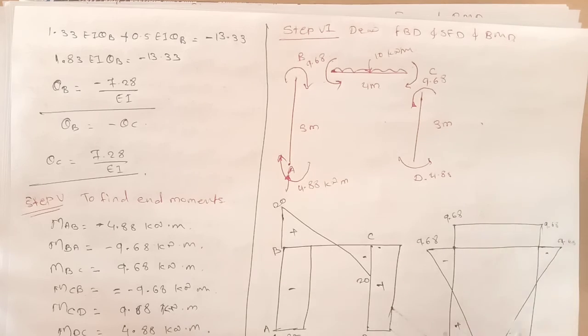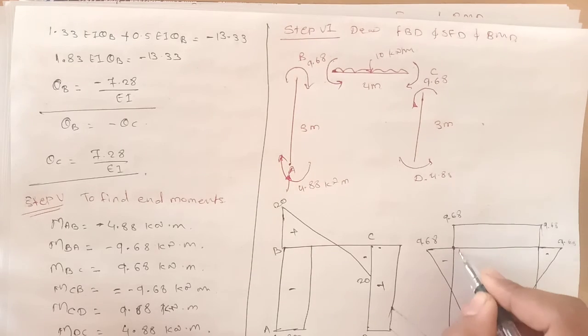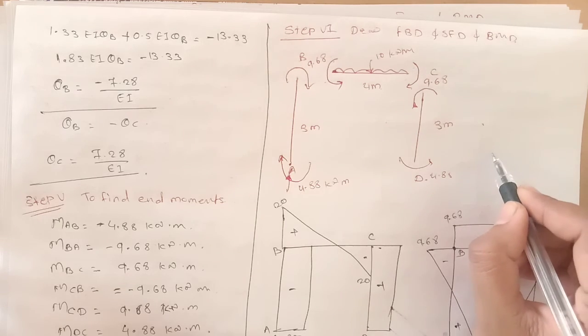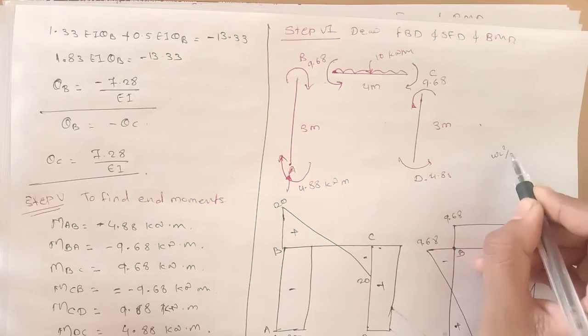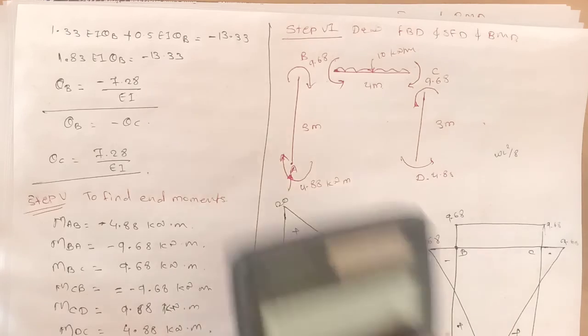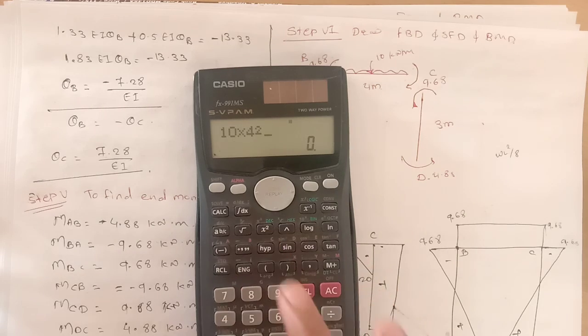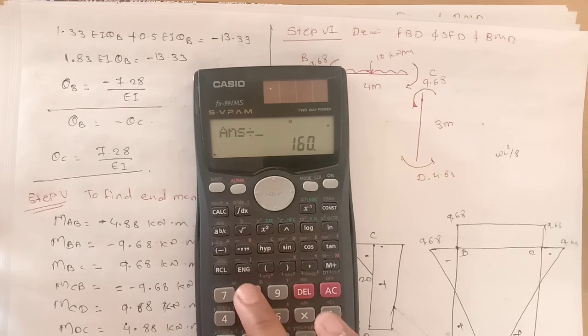And then over this BC member, the 10 kilonewton per meter load acts. So our formula is WL square divided by 8. Here W is 10 multiplied by length 4 square divided by 8.